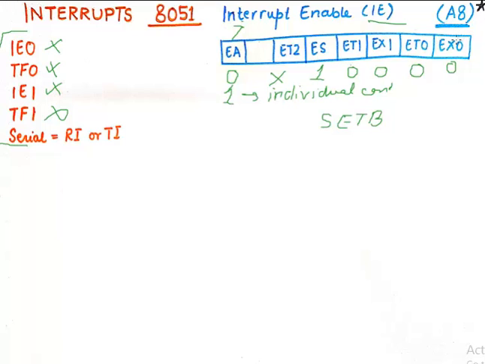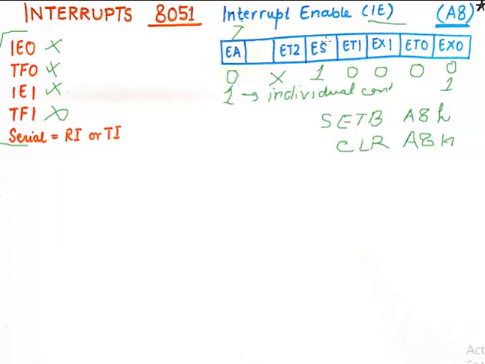The address of this bit is A8, then A9, AA. So if I do SETB A8H, this is going to make this as 1.